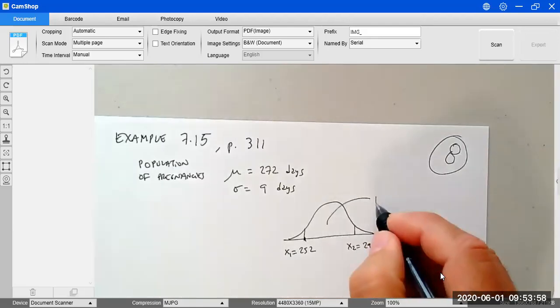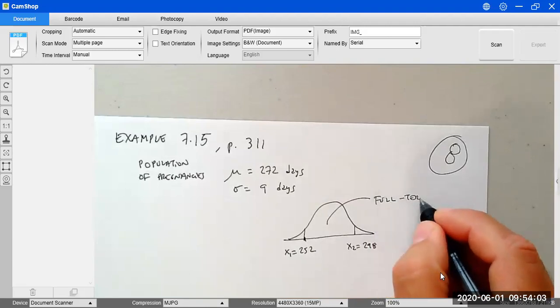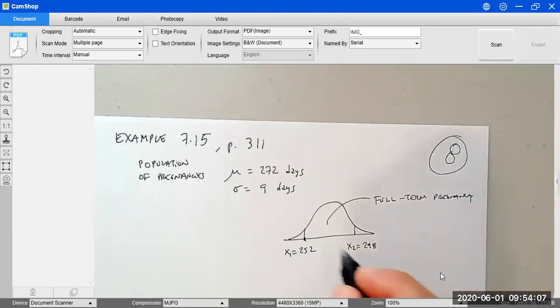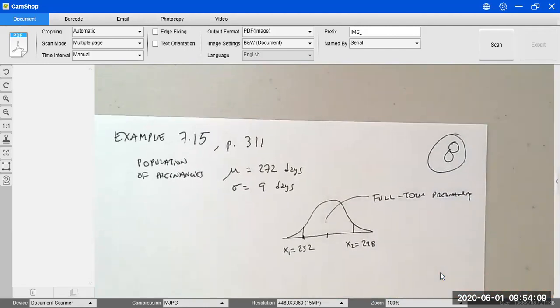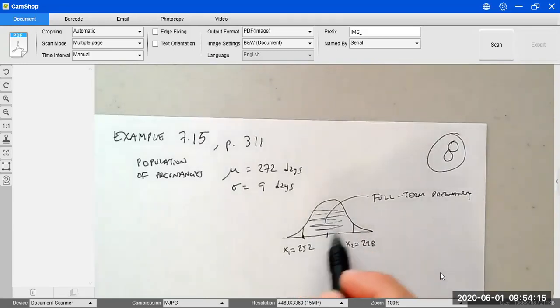So this is a full term pregnancy. So the mean is here, 272 days. So now we want to know what is the proportion between x equals 252 and x equals 298.